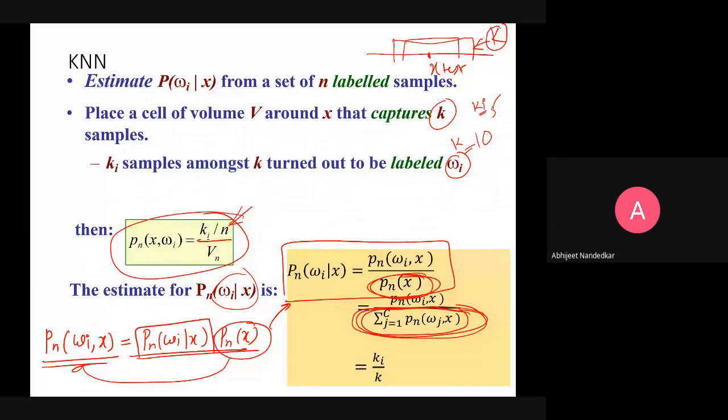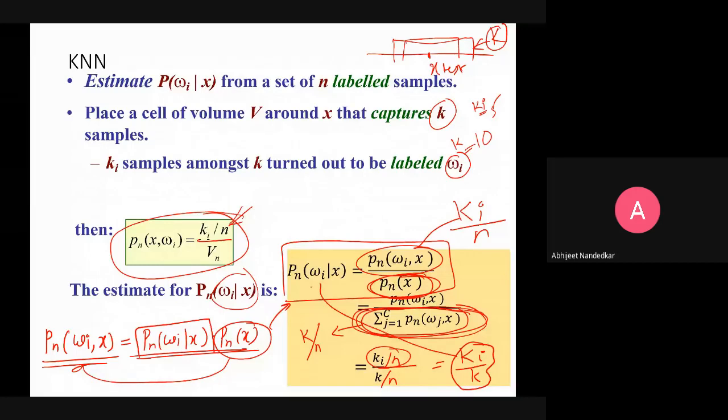So the probability for that is equal to k by n. So this will be total numbers k divided by n, and the numerator is ki, since there are ki numbers in total n samples. So this n gets cancelled and the remaining thing is ki by k.